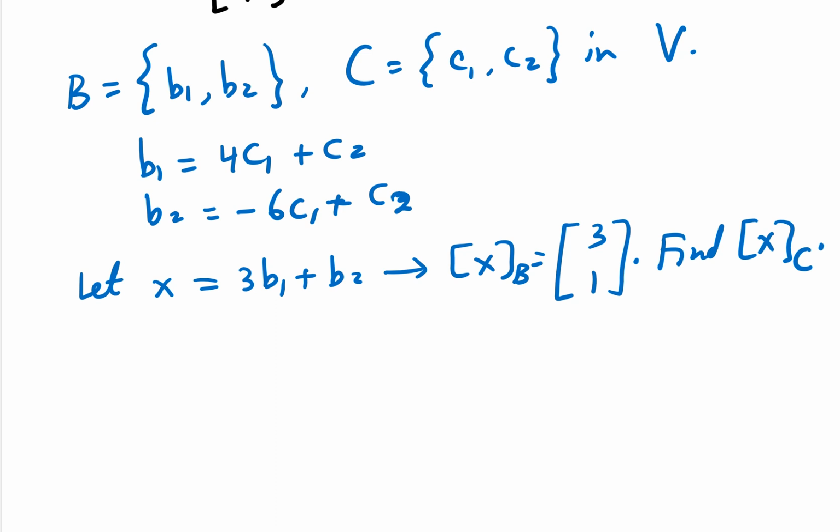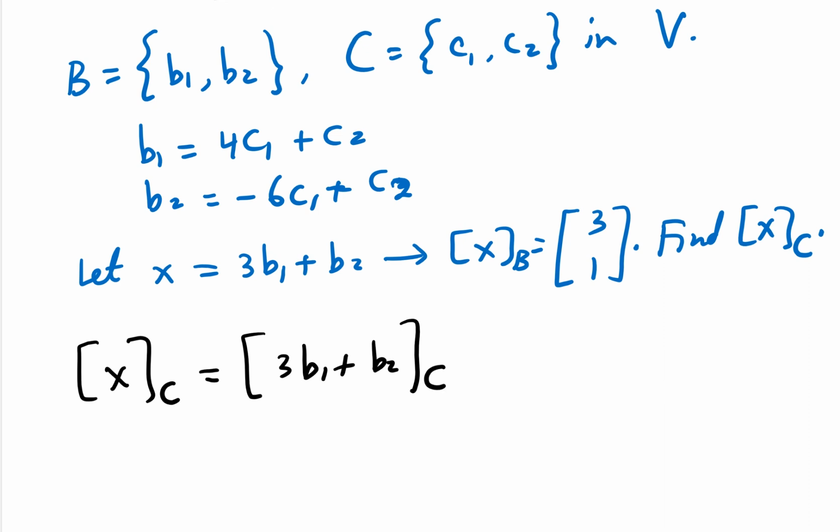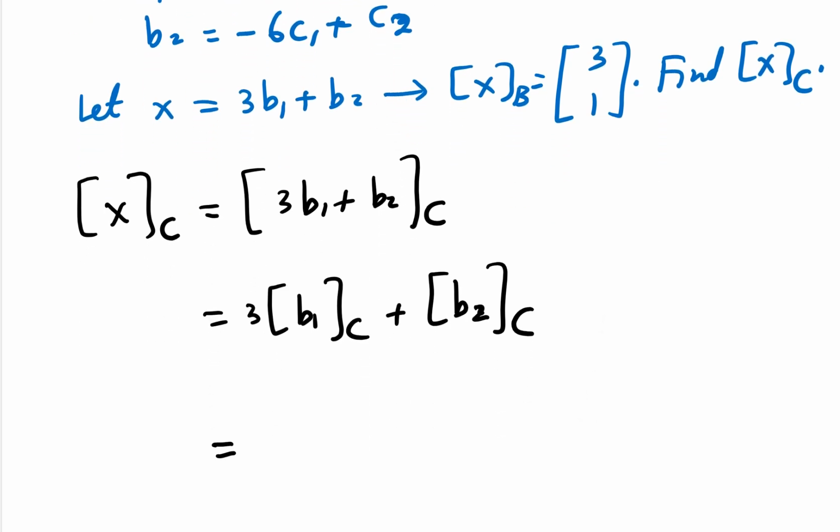So how do we start with this one? We want to find the components of x in base C. We can write it as, what is x? x is given as 3b1 plus b2, in the basis C. Then you can split this into 3 times b1 in the basis C plus b2 in the basis C. What we just wrote, we can rewrite as a matrix.